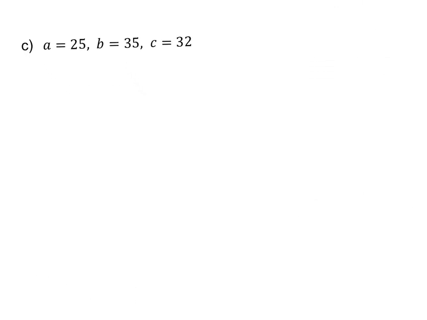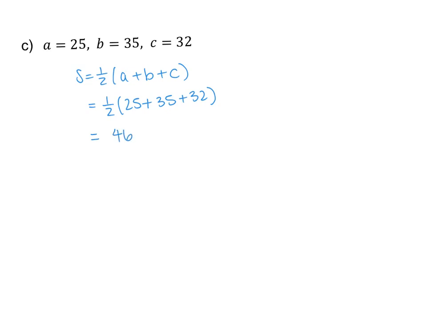So let me zoom in there, that's better. My semi-perimeter is 1/2 times A plus B plus C. So this would be my A, which is 25, plus 35, plus C, which is 32. If I add them up and multiply by a half, I get 46.